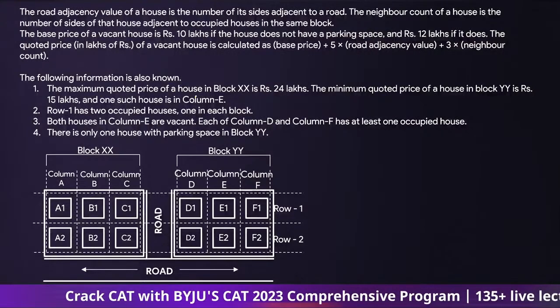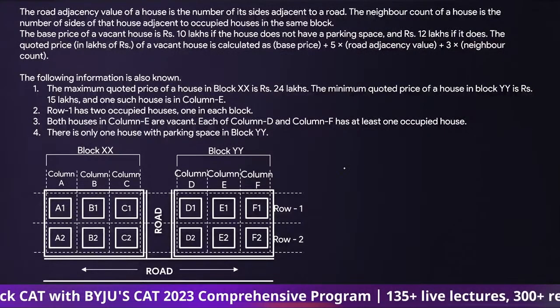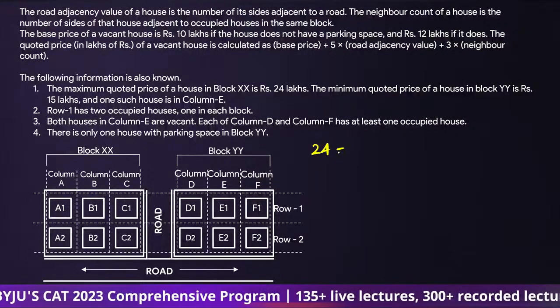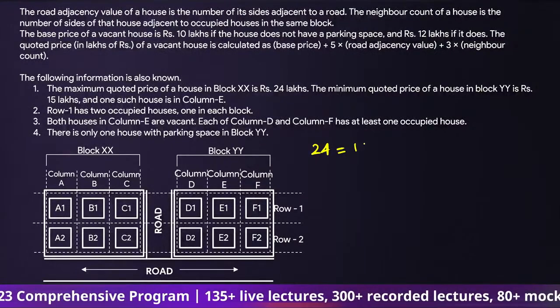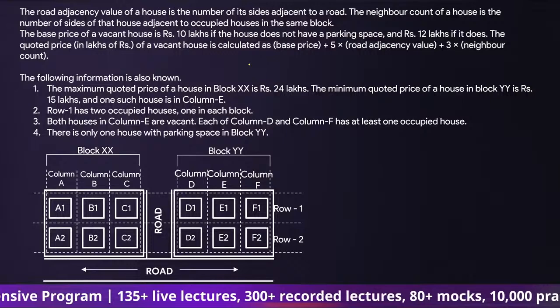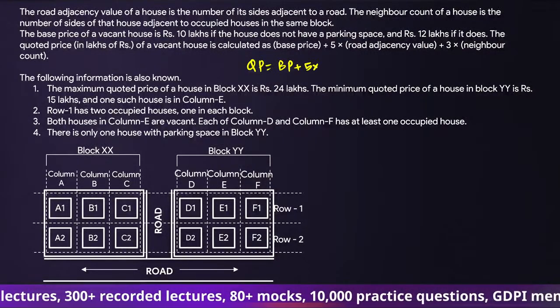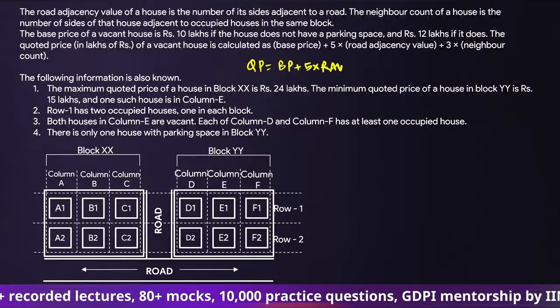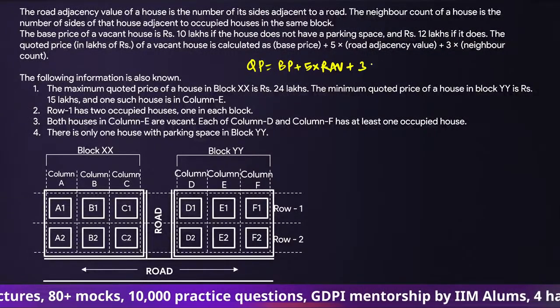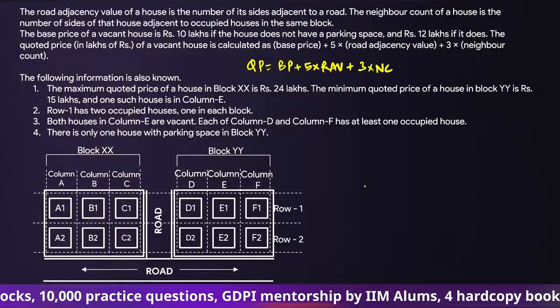Maximum quoted price of a house in block X is rupees 24 lakhs. So 24 lakhs के लिए ऐसे लिख देता हूँ मैं formula. Quote price is equal to base price plus 5 times RAV plus 3 times NC. ठीक है?